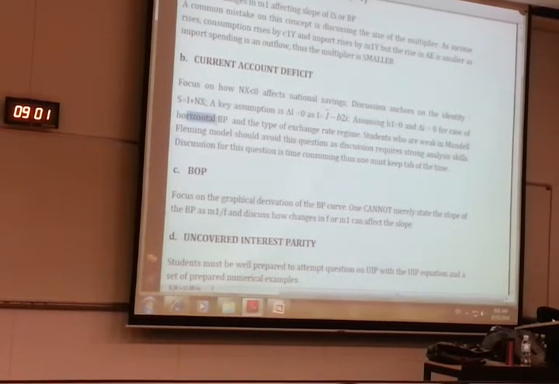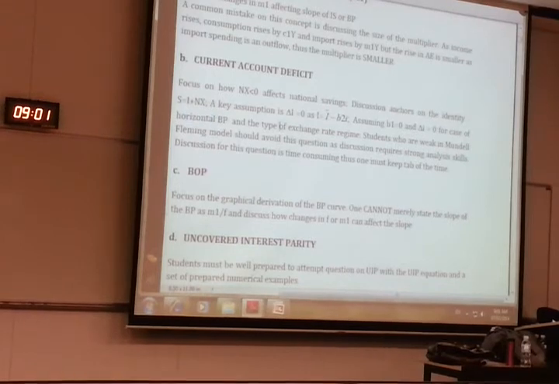And we discuss horizontal BP, so that our answer will tell us interest rate doesn't change and types of exchange rate regime. So no matter how the question is being tweaked, alright, we always make use of these three assumptions. B1 is 0, horizontal BP, and the two types of exchange rate.